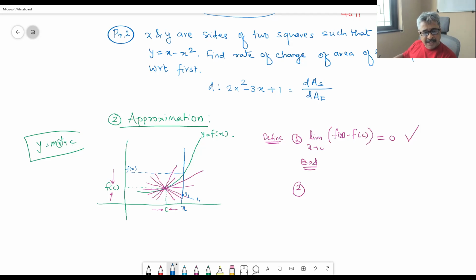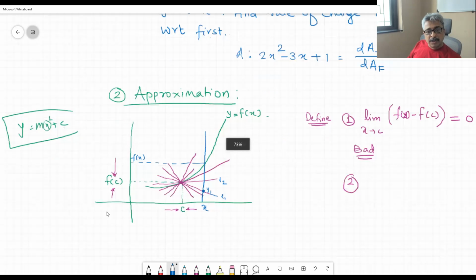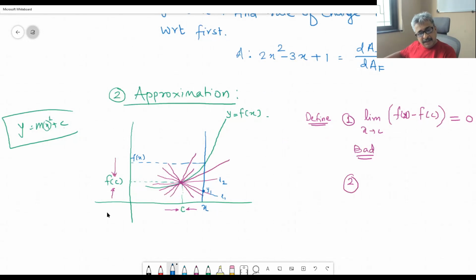If I am selecting this line L2, I don't know whether it is too small for you. Let me make it a little big. Okay. If I select some other line as my approximation, then at x, if I evaluate, if this line is approximating this curve, I will get this value of y. If I use this line L3, I will get y, this is y2, this is y3. Maybe if I extend this line, I will get y4.